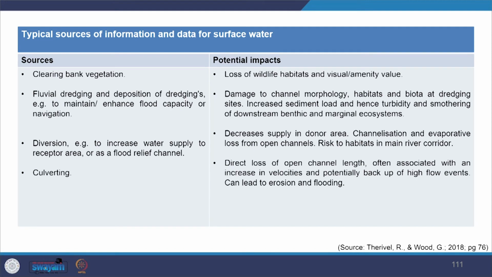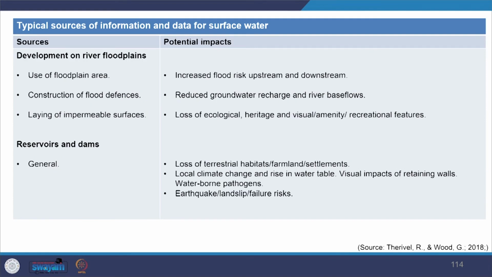Likewise, development on a river floodplain is another direct source, and it would also have several impacts, like increased flood risk upstream and downstream, reduced groundwater recharge and river base flows.